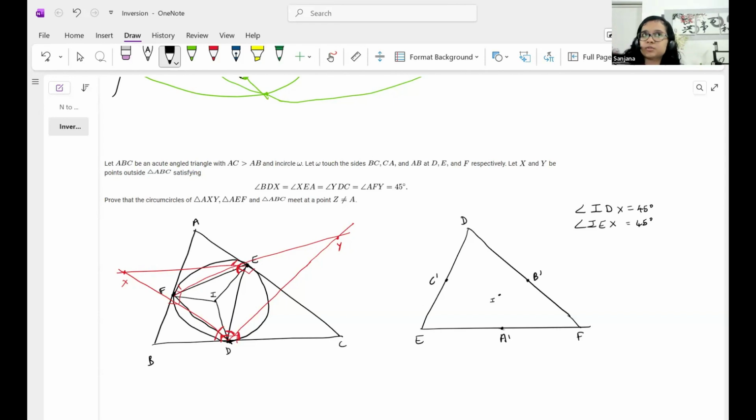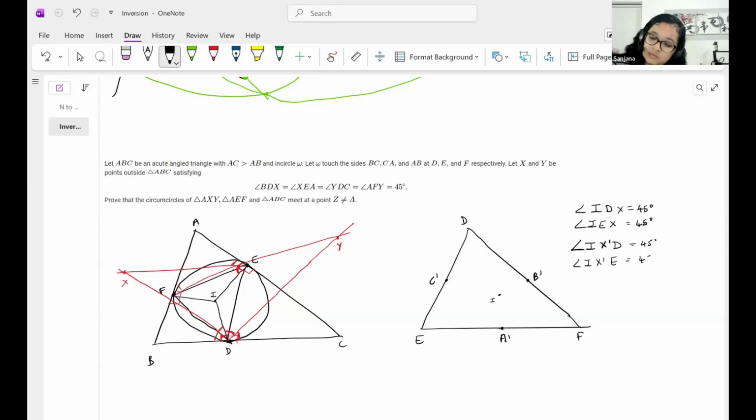So when you invert, what happens to these angle conditions? What do you get? Can someone tell me? Angle IX'D will be equal to 45 and angle IX'E will also be equal to 45.